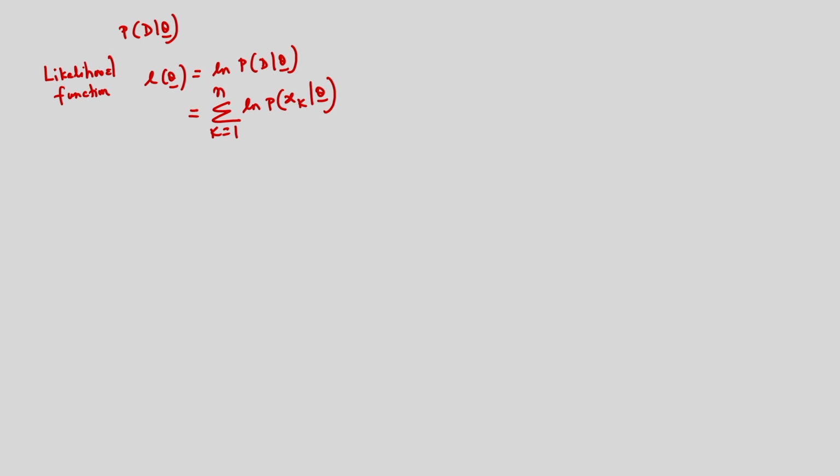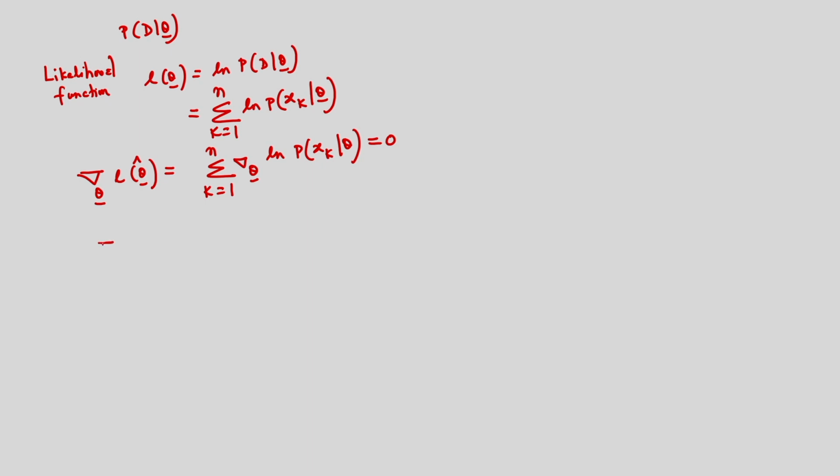And after this, I am considering the differentiation of this likelihood function, and suppose I am getting the approximate value. I am just doing the differentiation because I have to maximize this one. So it is equal to 0, because I have to find the maximum of this.